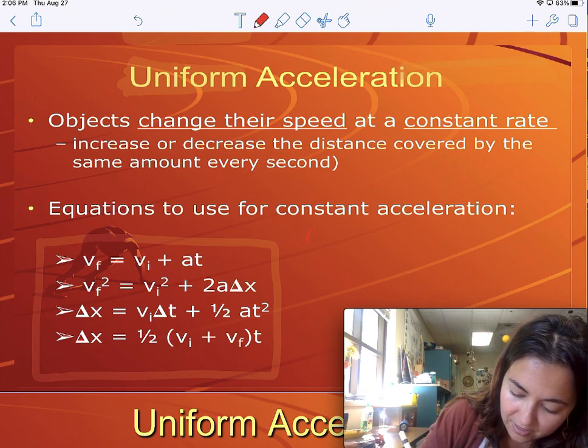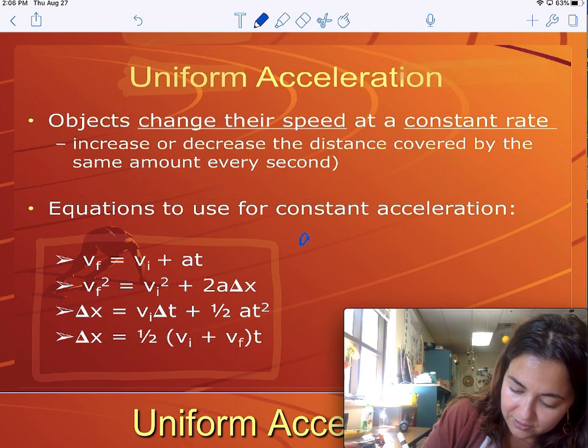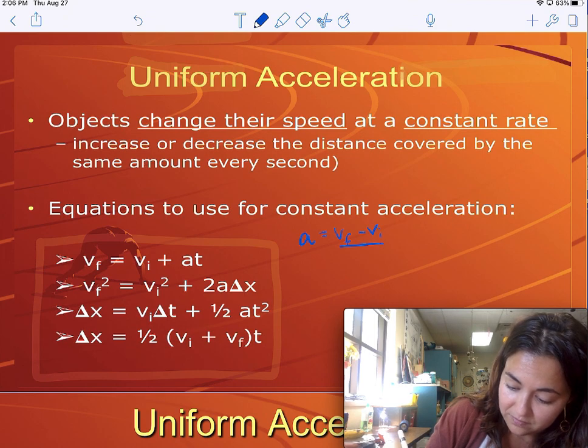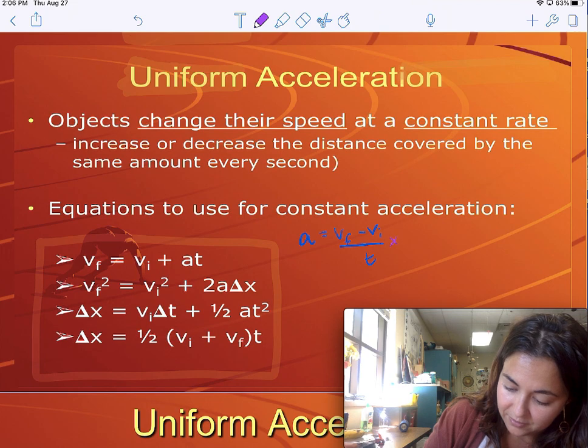I'll kind of write it out. The average acceleration, red was a poor choice. The average acceleration of an object can be calculated by using this equation. And I'll write it in a slightly different color.